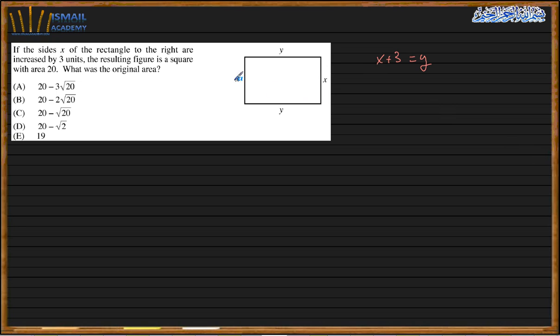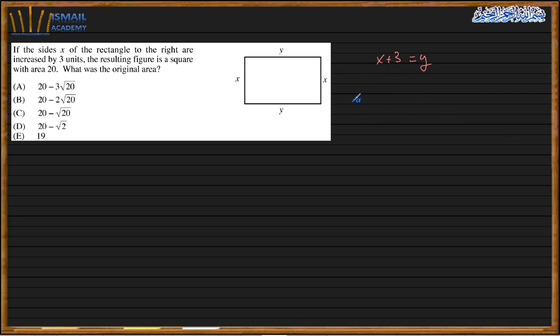We have y. If I add 3 here, this shape will become a square. That means I'm getting this to the size of y. When we add 3, this side will become the same as y, because in that case we will have a square. So y equals x plus 3.